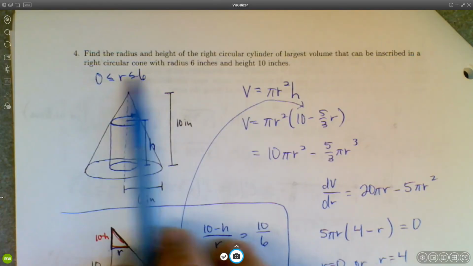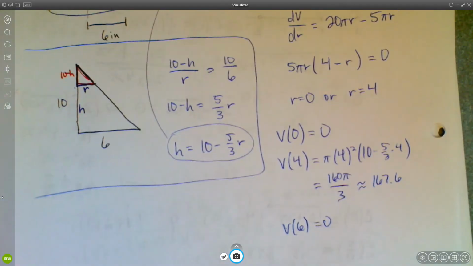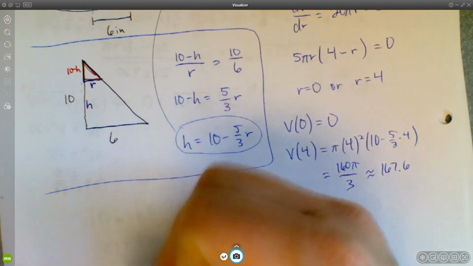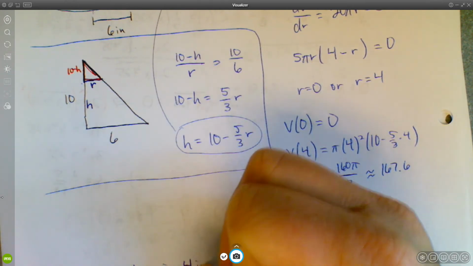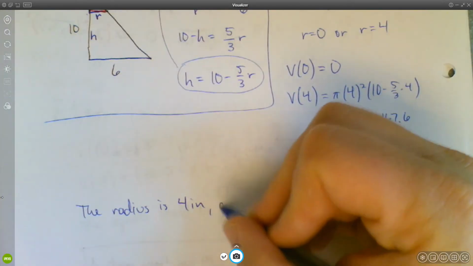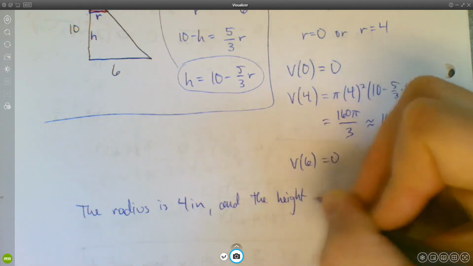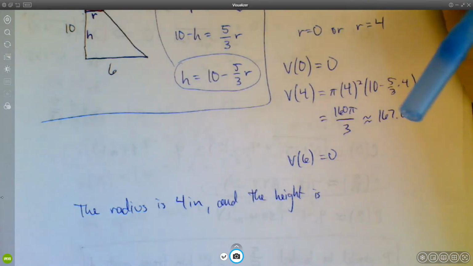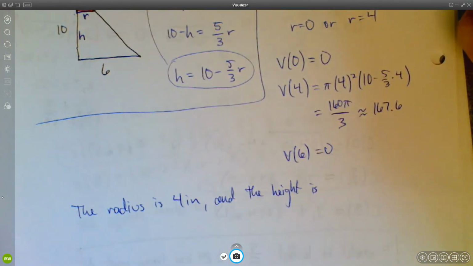What were we supposed to do? It says find the radius and height. Oh, okay. Well, so the radius is 4 inches and the height, well, we said the height would be 10 minus 5/3 r.